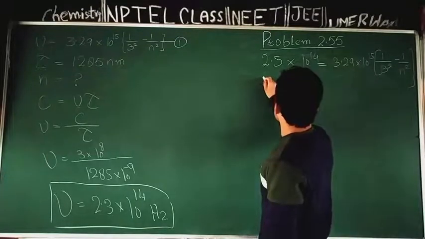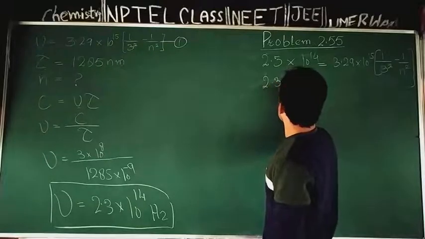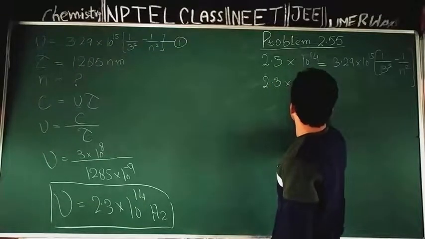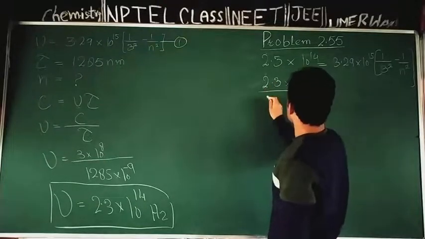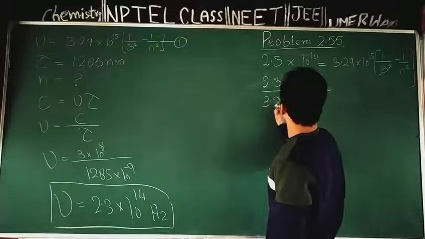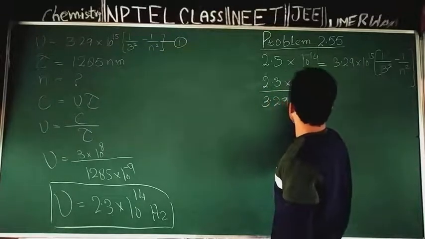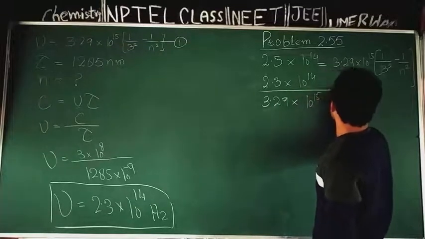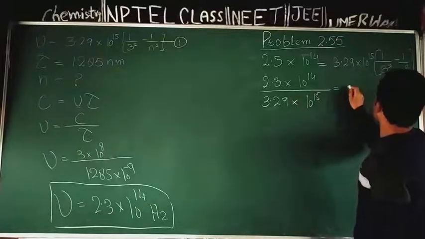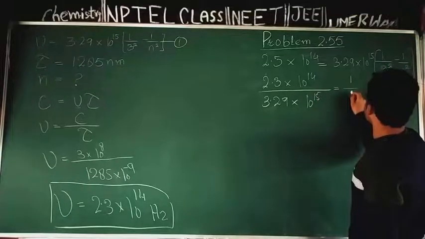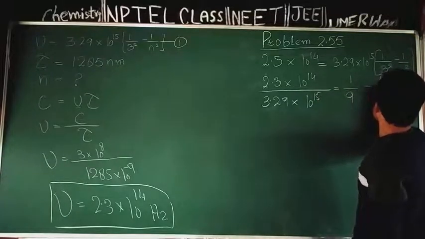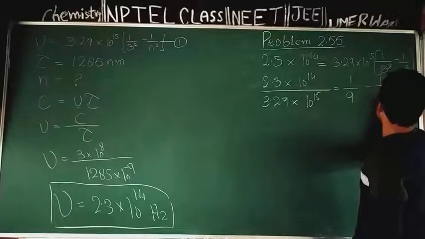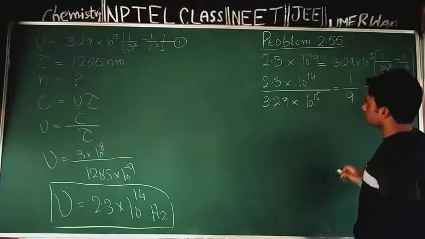It will come equal 2.3 into 10 to the power 14 divided by 3.29 into 10 to the power 15 is equal to 1 by 9 minus 1 by n square.